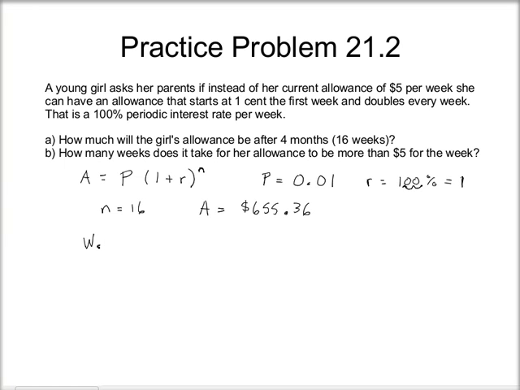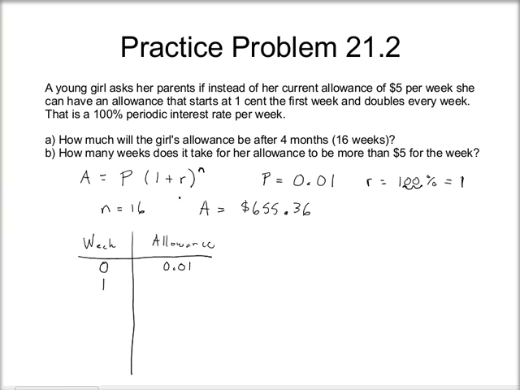We'll have the week and how much her allowance is. So we'll start out with week 0 is the beginning, and she starts out with 1 cent the first week, so 0.01.